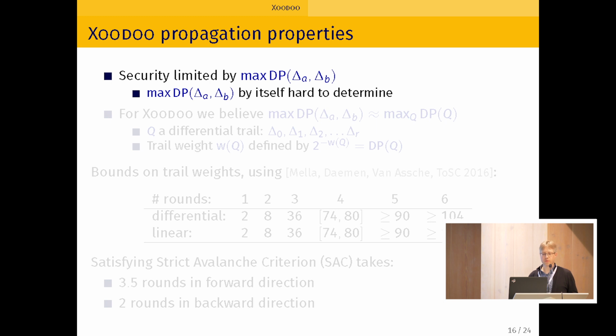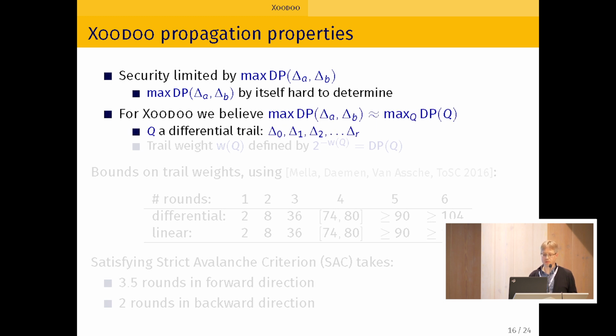Okay, so in terms of cryptographic properties, clearly the security of anything based on Xoodoo would be limited by differential cryptanalysis, so the maximum probability of a differential from delta A to delta B. But finding this maximum differential is hard to determine. Instead, we approximate this by the maximum probability of a differential trail, a differential where each intermediate difference is specified.